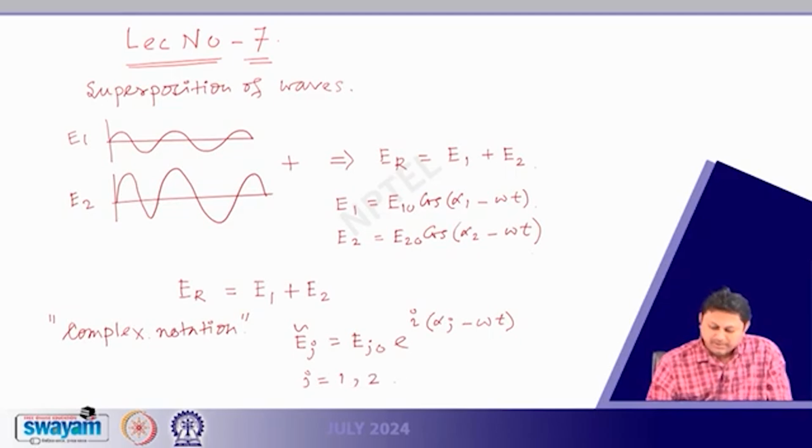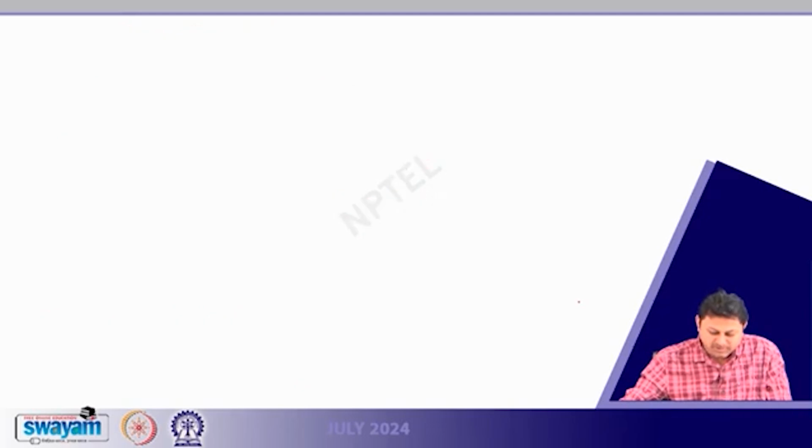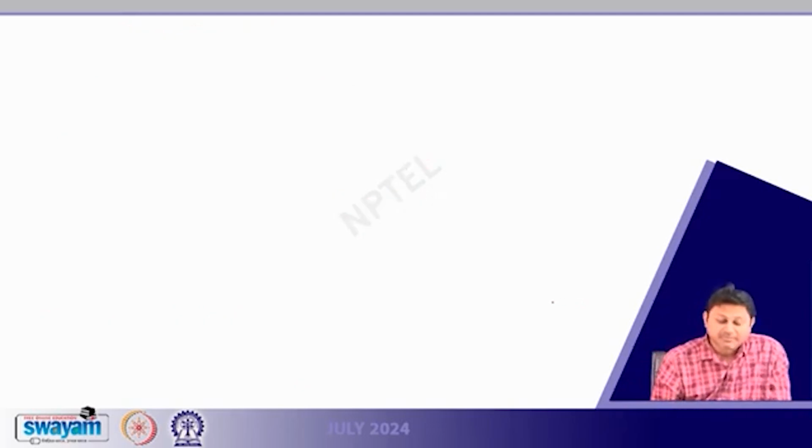For one wave it is 1, for another wave it is 2. So that is the notation we are going to use now to understand the superposition, not only for two waves but for many waves. It will make life simple actually.